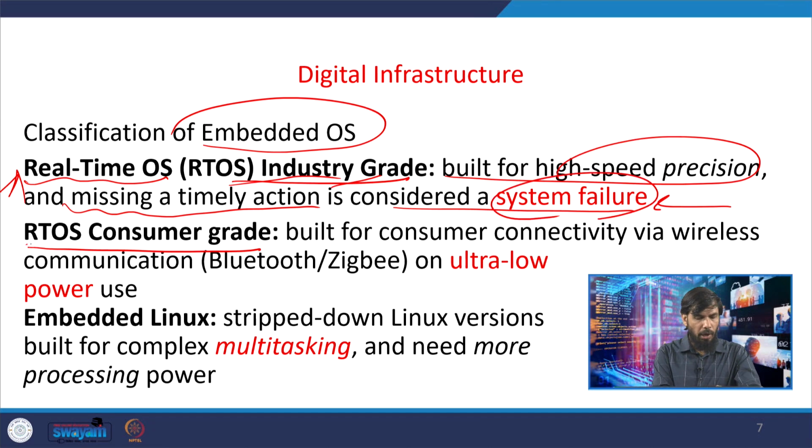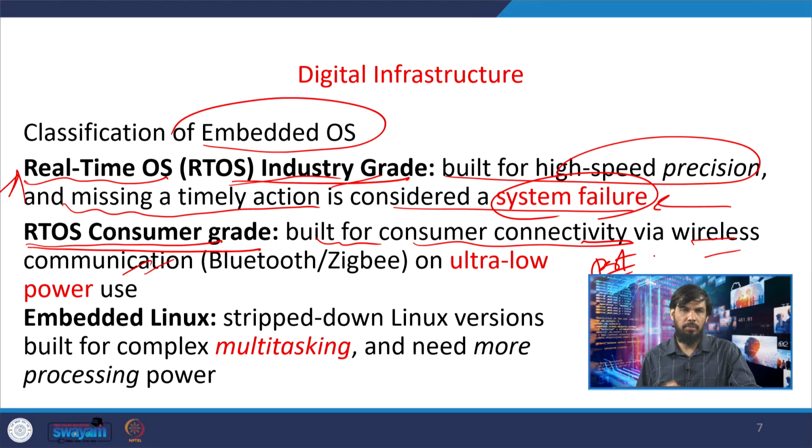Now in case of RTOS for consumer devices, this is built mainly for consumer connectivity, and typically you would see wireless communication to make that connectivity, because there is a portability element that comes with the consumer grade.